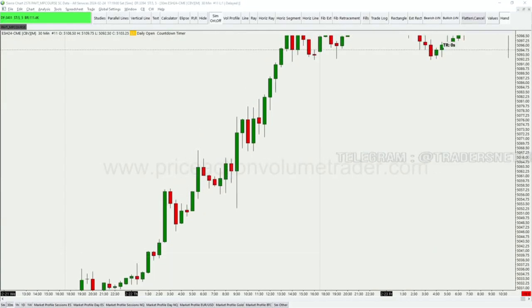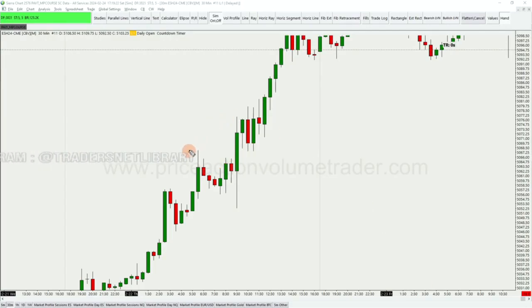you can see, for example, here, this was a fair value gap on this candlestick right there. But if we look at a TPO chart, this is not a single print. And why is that?